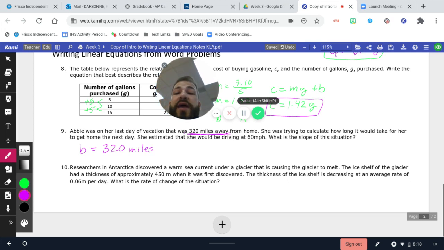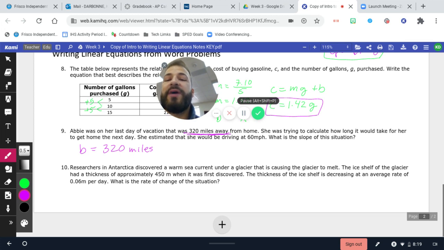Then she is driving 60 miles per hour. Driving 60 miles per hour would seem like a positive amount, because she's driving a positive speed of 60 miles per hour. But remember, I want to take away miles because I want to get down to 0 miles. I want to see how long it takes her to get to exactly 0 miles away from her home.